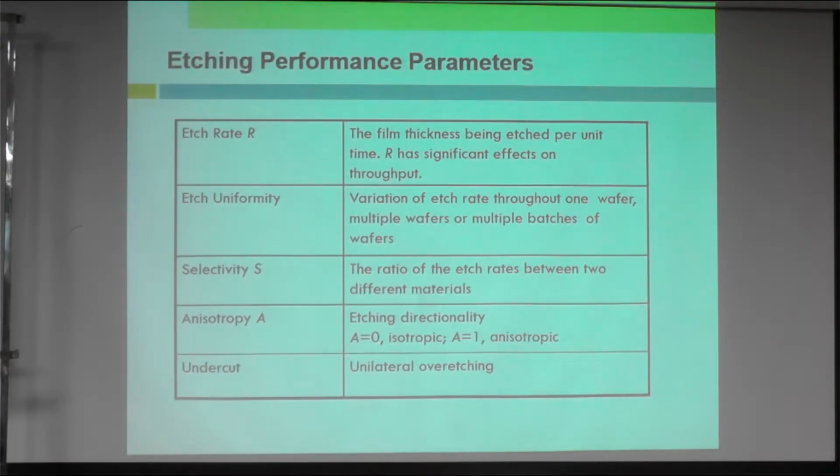Because we know that the mask normally is not as thick as the material you are going to remove in the case of patterning silicon.